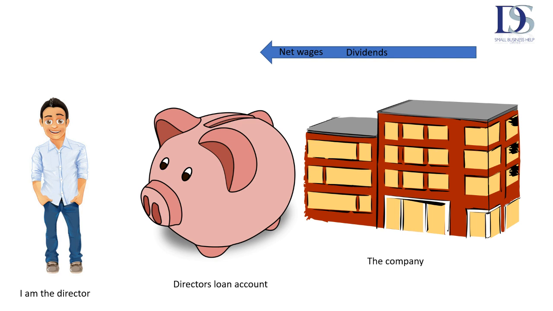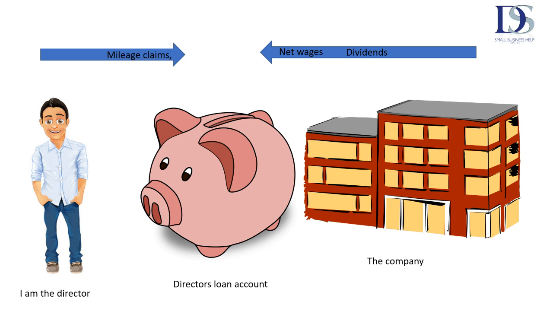Sometimes the director shareholder might put money into the loan account. If, for example, he uses his personal car in the business, instead of paying for motor expenses from the company, the director will charge mileage to the company. We need a mechanism to get that cost onto the profit and loss account of the company, and the way this is often done is by putting the value of that expense into the director's loan account.